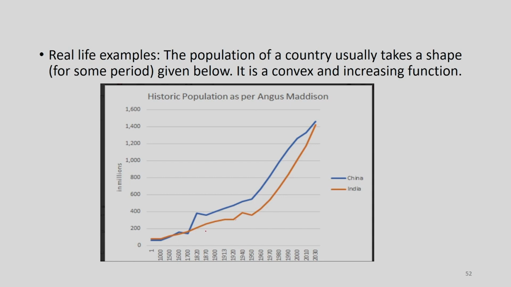Similar is the case of China. If we take from this point onwards at least, and towards the right of that, the function again looks like a convex function, but not as clearly as in India's case. After this point of time, you will see that the function has become a little bit flatter, and maybe that flatness has come about around this time because of the one child policy that China took from 1979 onwards.